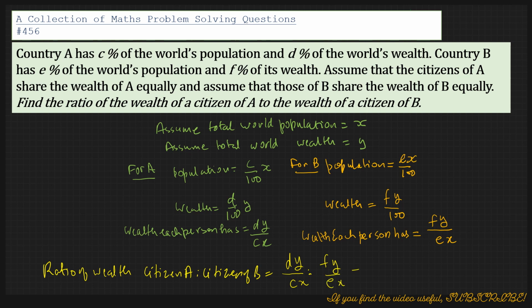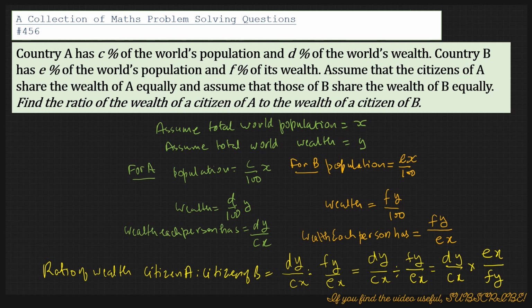So that can be written as DY out of CX multiplied by EX, because it is divide, so I can write it as divided by FY out of EX, and that equals DY out of CX multiplied by EX out of FY.